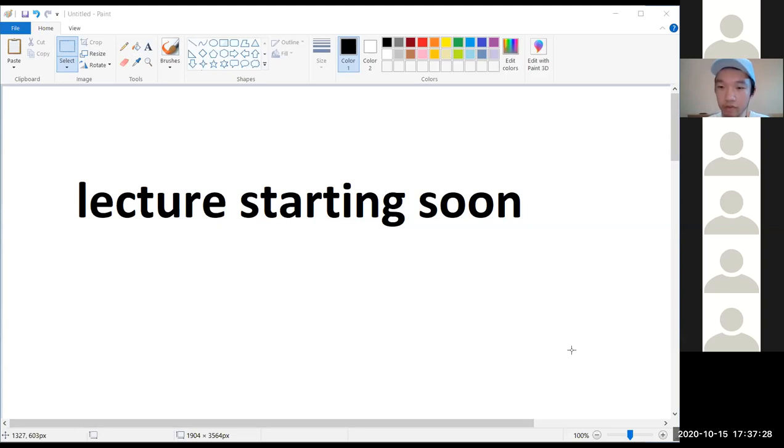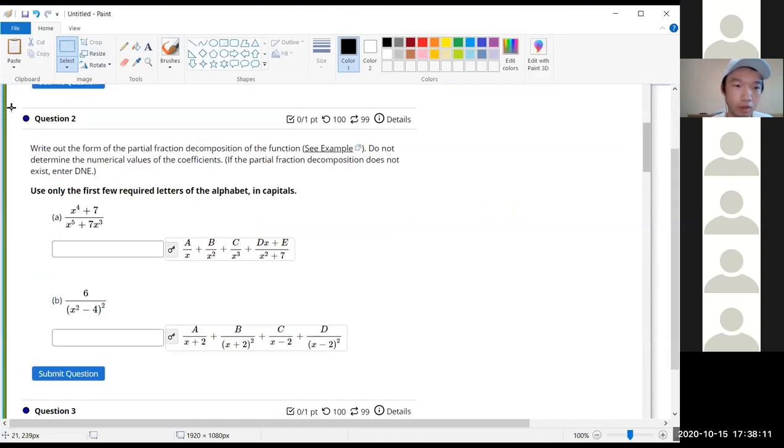Question 2, I can't type a fifth term for decomposition. All right, let's see what that is. Okay, so I have copied and pasted question 2.